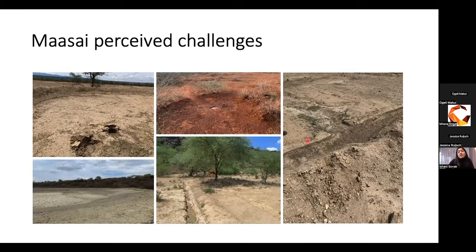And then also, when heavy rainfall was observed, especially upstream, it was perceived that the bunds were not stabilized enough to hold that water. So that was another challenge perceived by the community.